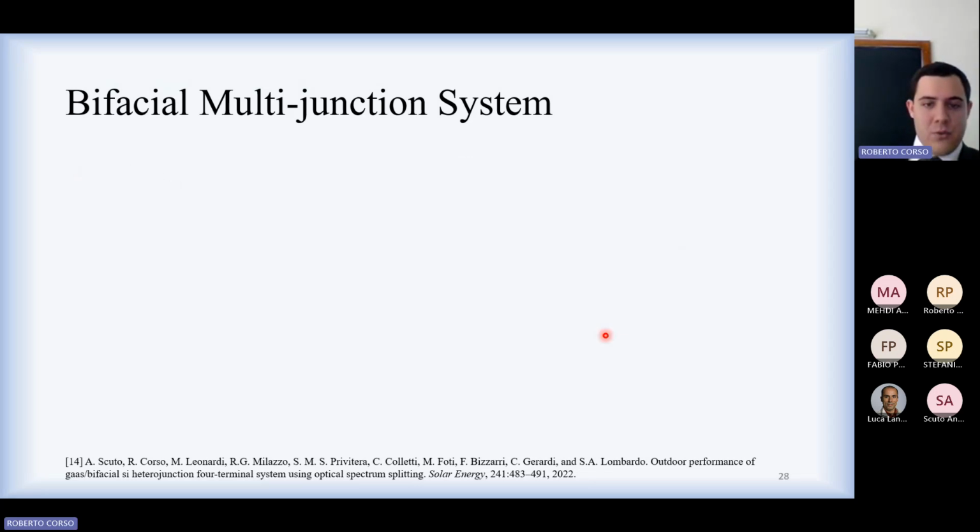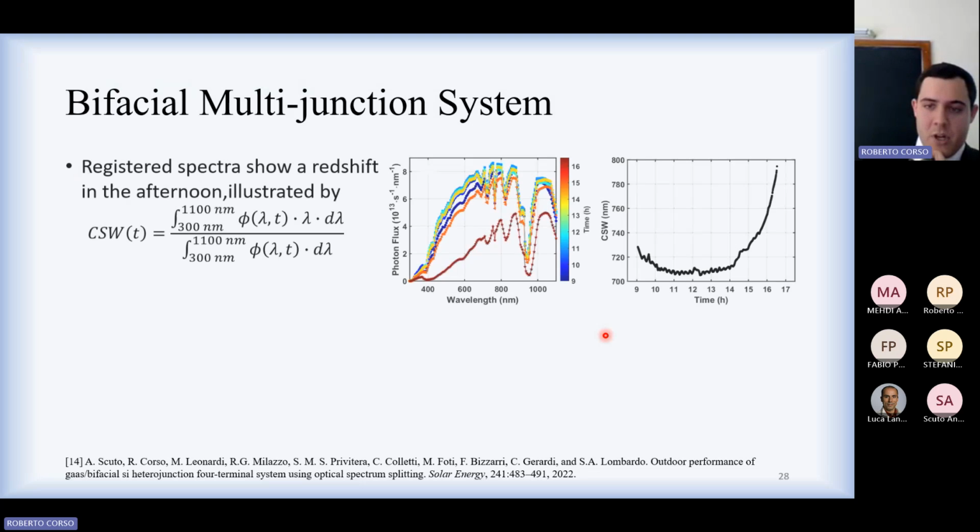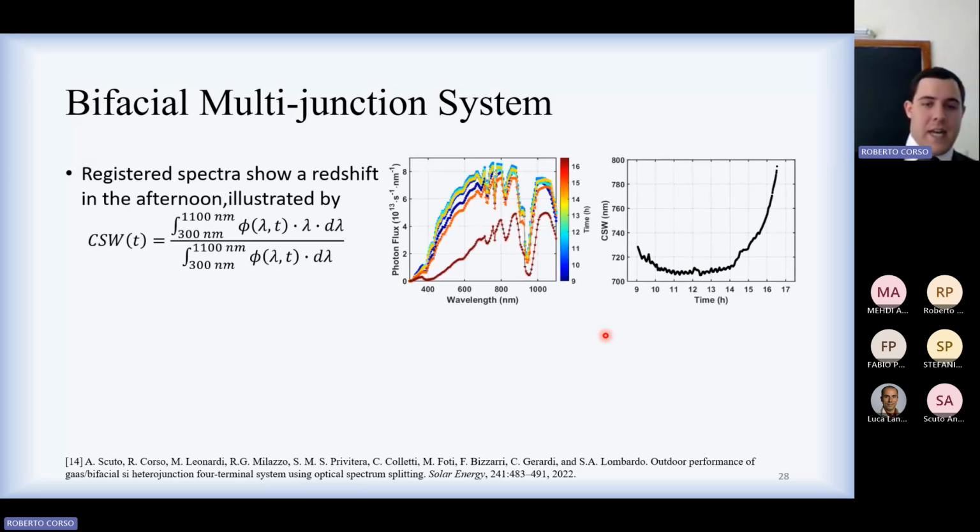Let's have a look at the optical characterization of solar light. Here we see a portion of the spectra that we collected during the day, and we can see that the contribution of visible light decreases as we approach the afternoon. And at the end of the day, we have a significant contribution coming from infrared wavelengths.